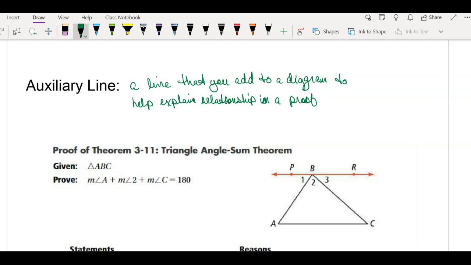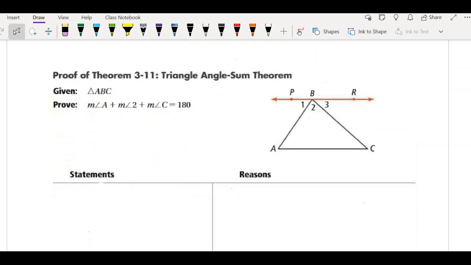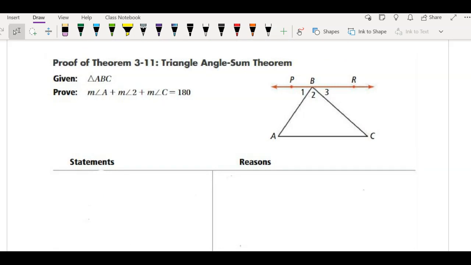So an auxiliary line is a line that you personally add to a diagram to help explain relationships in a proof. So now let's take a look at this lovely proof we're going to do.